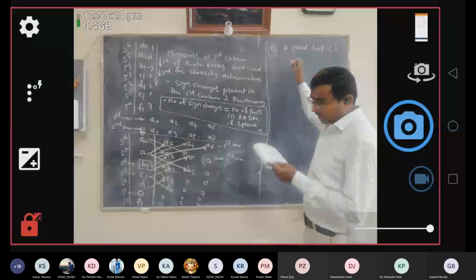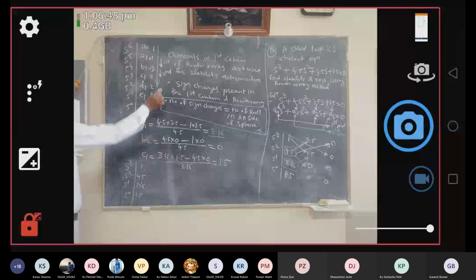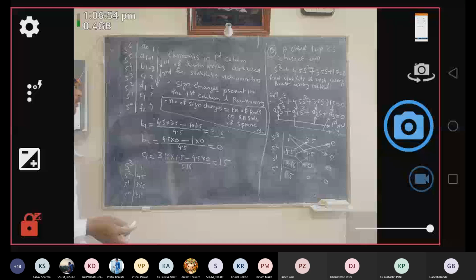Okay, then what about the stability? s cube, s2, s1, s0: 1, 4.5, 3.16, and 1.5. While finding the stability, we consider the elements in the first column of your Routh array. From these values we can determine the stability.